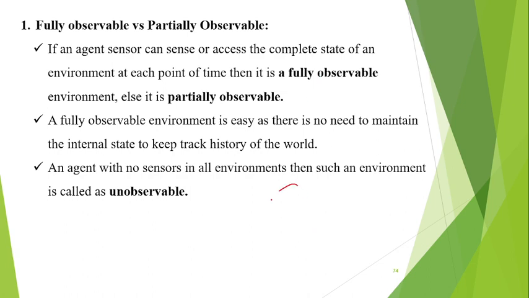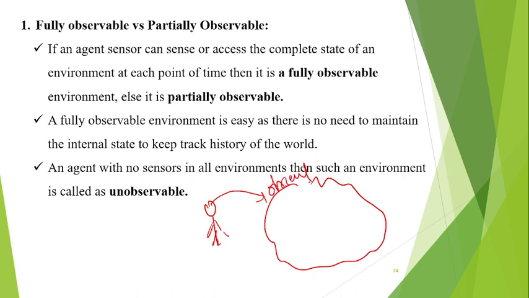So if this is an environment, and this is an agent which can observe all the information about it, we call it fully observable. And if the agent is able to observe only half of it or a little bit, we call it partial. For example, in a chess game, all the information is available, and an agent can observe all of it. It is fully observable.